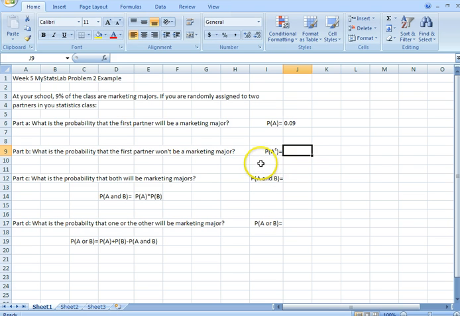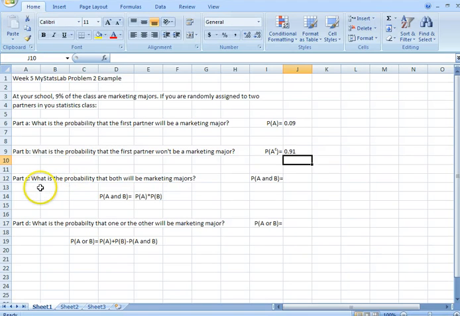And we already know that the total of our probability is 1. So for this formula, we can say that the probability that it won't be a marketing major will be equal to 1 minus the probability that it will be, 0.09. Enter. So there is a 0.91 or 91% chance that this first partner won't be a marketing major.